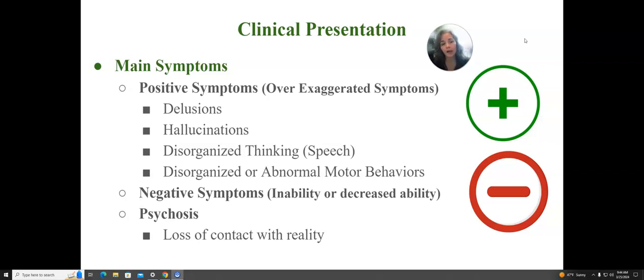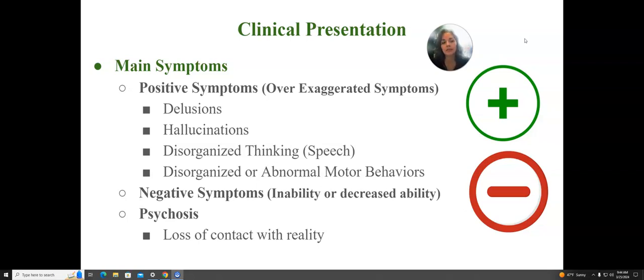You can also have disorganized thinking, which is often visible and observed through our speech patterns, where it's not making sense. It's very illogical. It can be the tone, the pace, and the content of what we're saying. And then we can also have abnormalities in our movements.